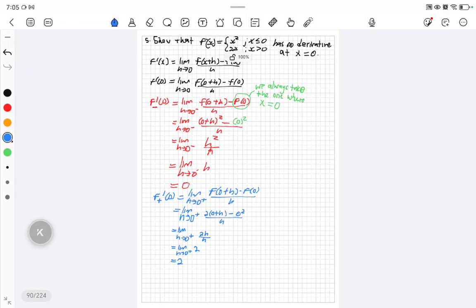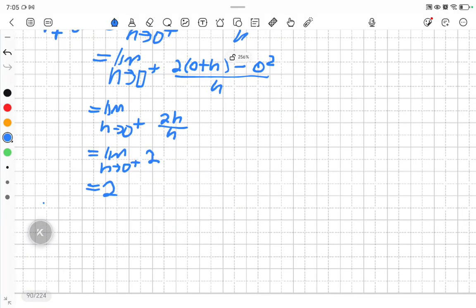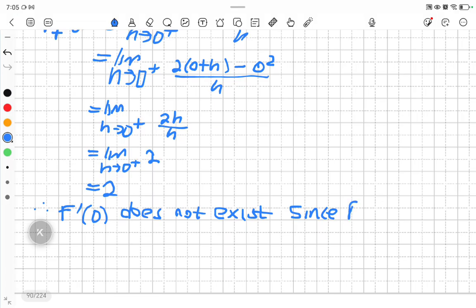And then here they said we should show that f of x has no derivative at x equals to 0. So we're going to say, therefore, f prime of 0 does not exist. So that's what we need to prove. Does not exist since f prime of 0 from the left is not equal to f prime of 0 from the positive.